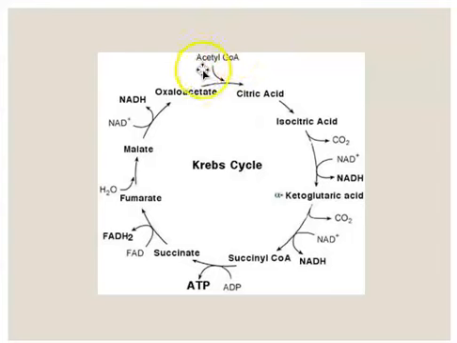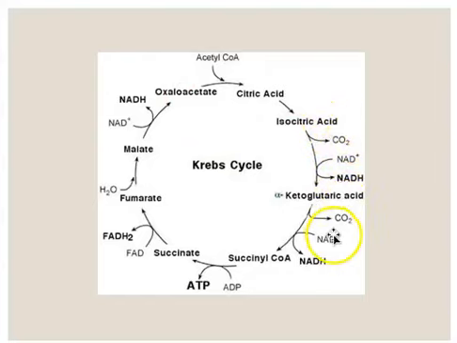And it's going to enter this metabolic cycle along with a molecule that's coming out of the cycle called oxaloacetate. And those two things together are going to produce a molecule called citric acid. The citric acid will then pass through this cycle, being oxidized back to oxaloacetate and to carbon dioxide.